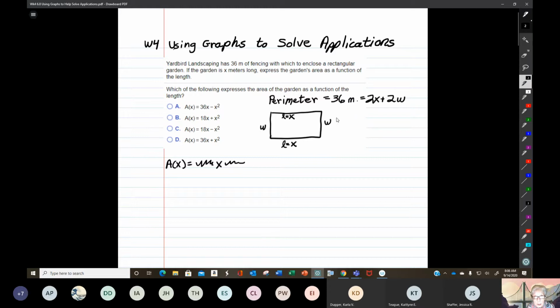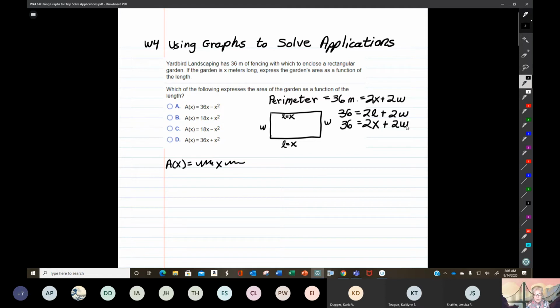Okay, so here's what we would normally do. The perimeter is 36 meters, and perimeter is twice the length plus twice the width. 2L plus 2W, but then remembering that L is being called X, we will make that change. Okay, now here's what we're going to do.